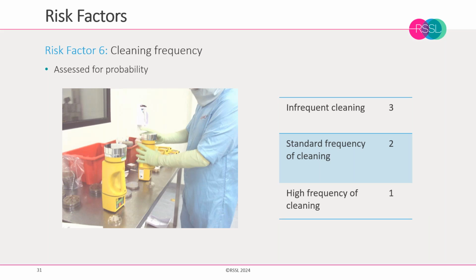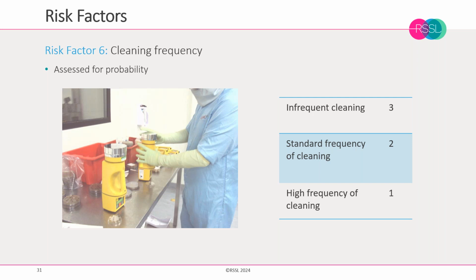The sixth factor, and this is one arguably more in control of the actual facility, is the cleaning and disinfection frequencies, and often there will be differences. So, for example, corridors might be done at a different frequency to process rooms, to changing rooms, and so on.